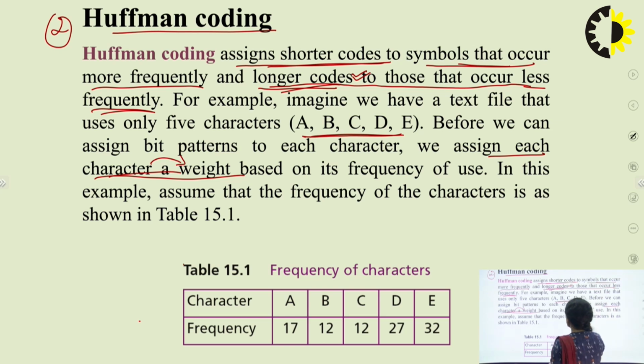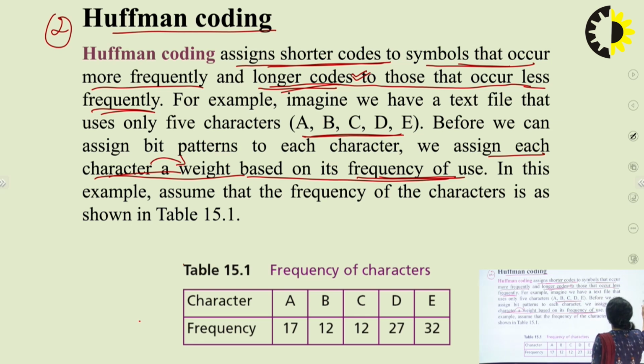We assign the weight on the basis of the frequency of usage of that particular character. That means if a character, let us say A, occurs 5 times, then its weight should be 5. So the weight is based on the number of times that particular character is used.